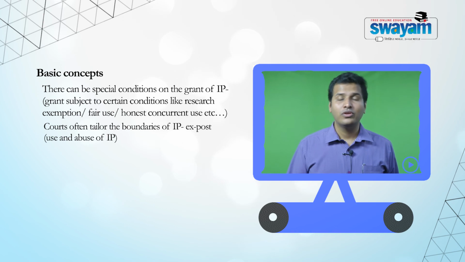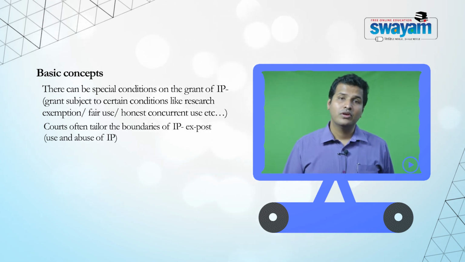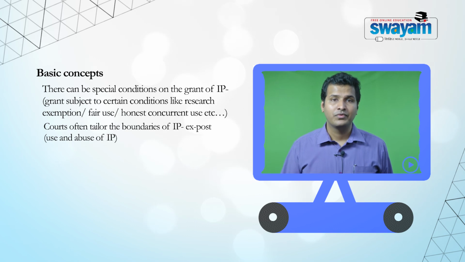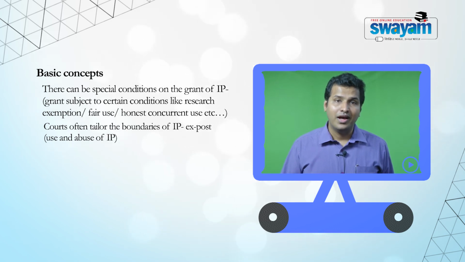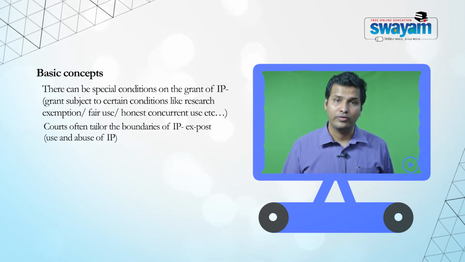Similarly, a court can also tailor the boundaries of IP. For example, since copyright does not require registration, and registration is voluntary in copyright, the question of the threshold requirement of originality, which is required for all kinds of works involving copyright, will ultimately be decided in litigation by a court of law.